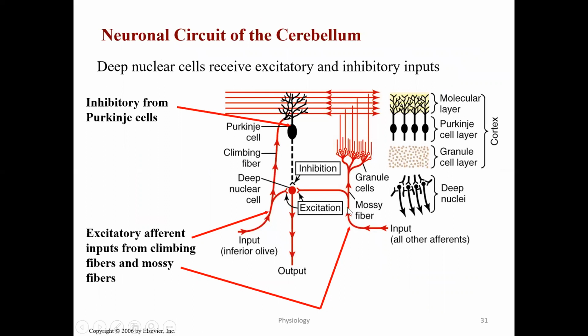Again, you can see that excitation is followed by inhibition, by the axons of the Purkinje cells.